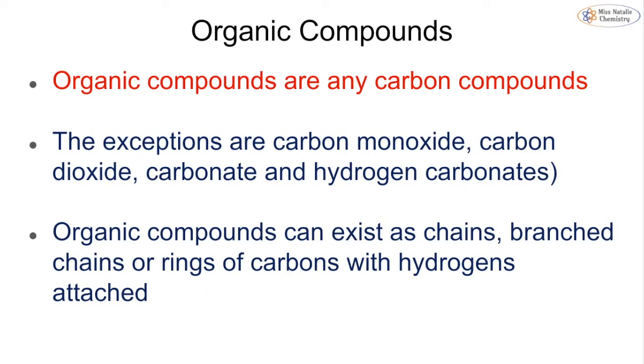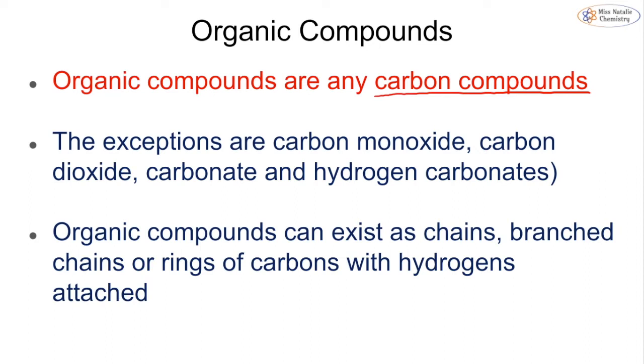So when we're talking about an organic compound, what we mean is a carbon-based compound. Now, there are a couple of exceptions. For example, carbon monoxide, carbon dioxide, carbonates, and hydrogen carbonates are not classed as organic compounds, but everything else will be. So carbohydrates, hydrocarbons, alcohols, alkanes, alkenes, these are all carbon-based compounds, so we call them organic.